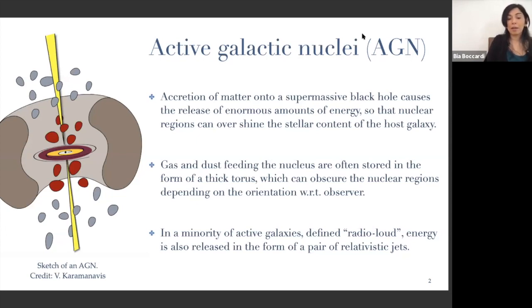We also have some other gas clouds which produce broad emission lines or narrow emission lines. And in a minority of active galaxies, we also observe a pair of relativistic jets. We call these active galaxies traditionally radio loud because these jets are particularly prominent in the radio band.